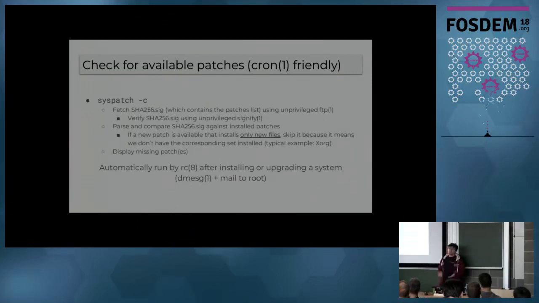It will verify it using signify, and then it will parse and compare what's inside that signature file to the installed patches on the system. From that, it will build a list and display what's missing. A nice thing to note is that it's automatically run by our rc system once you upgrade to a new release. That means you will see in your dmesg output if you have missing patches, and it will send a mail to root as well.